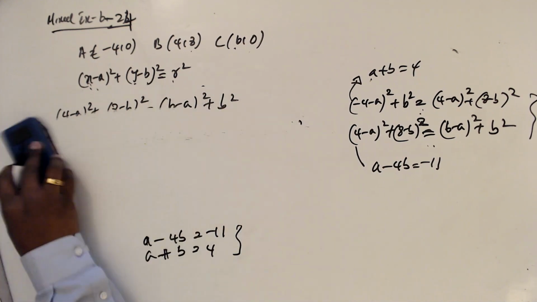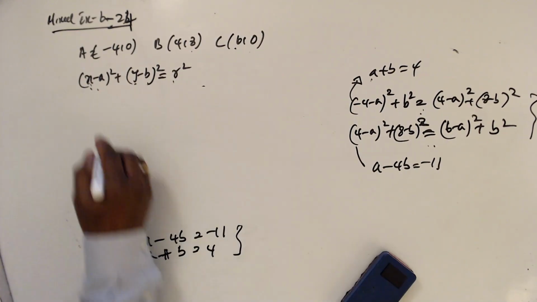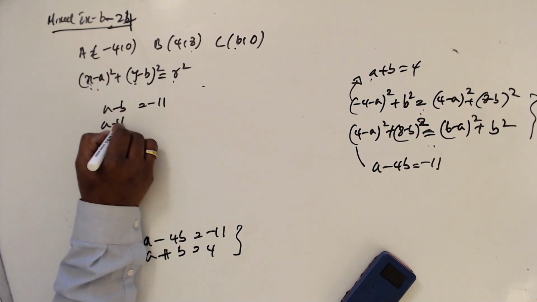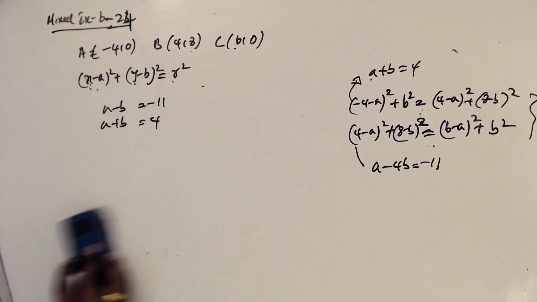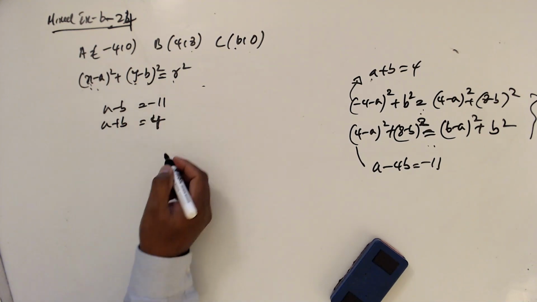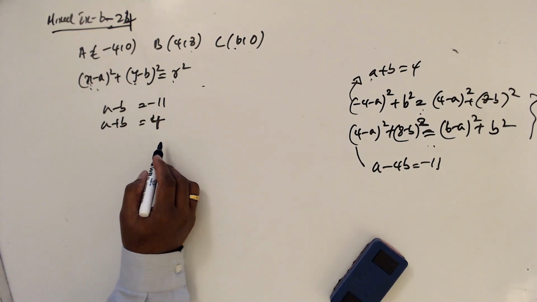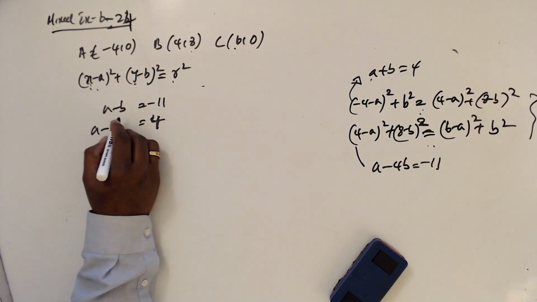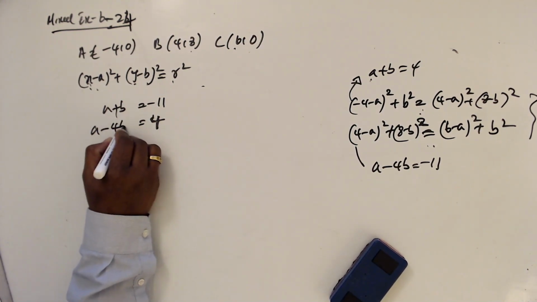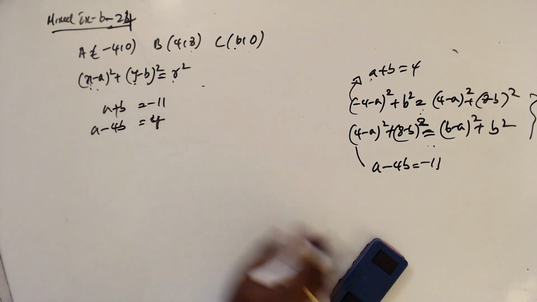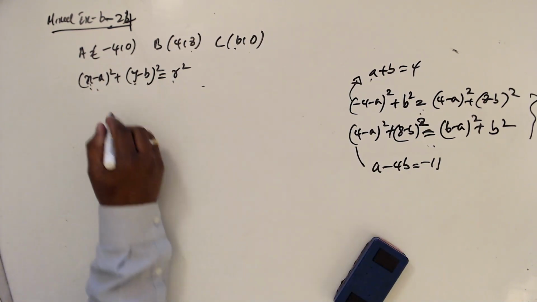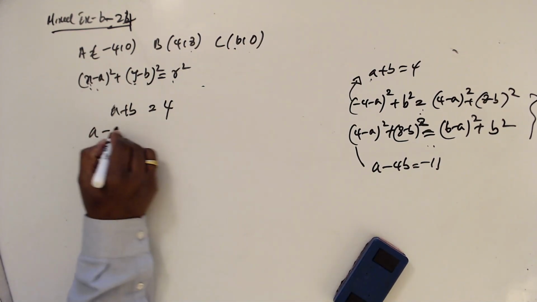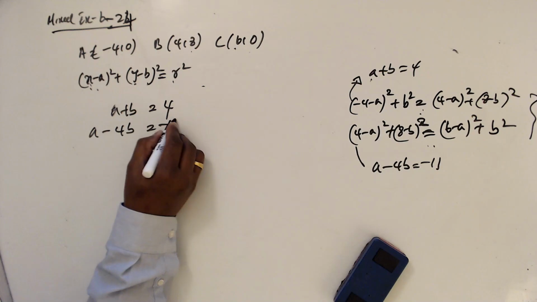So let's see whether we can solve this one. a + b = 4, a − 4b = −11.